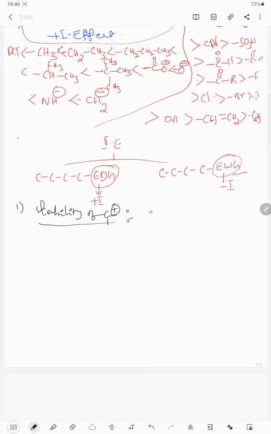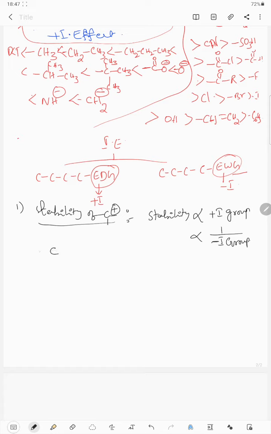The stability of carbocation is directly proportional to the plus I group which is attached to the carbocation, and the stability of carbocation is inversely proportional to the minus I group. Very simple way I am telling that.